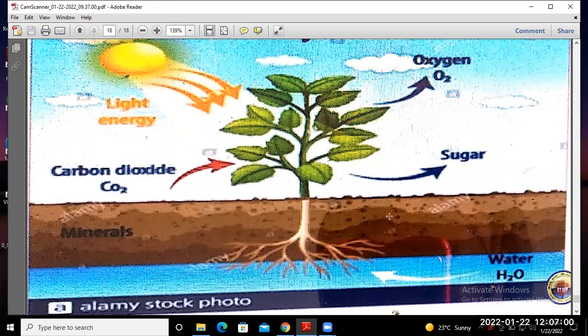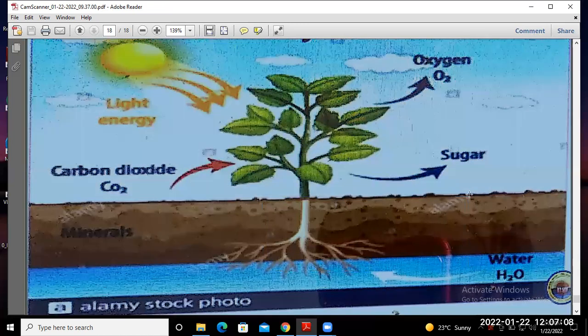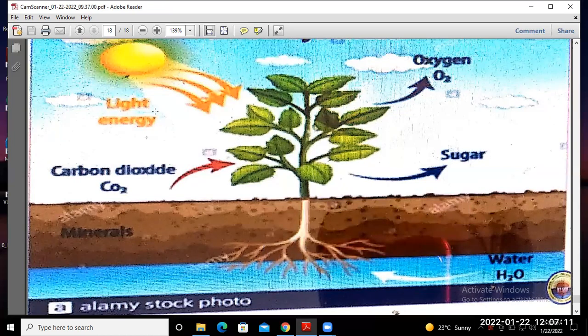This is the reaction for sugar and oxygen release. So when water and carbon dioxide react in the presence of sunlight, they make sugar and oxygen. So these two components are released.